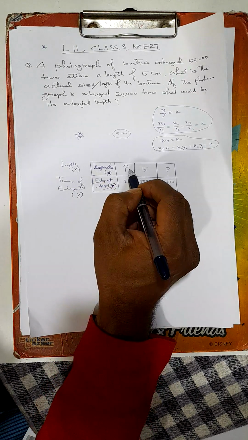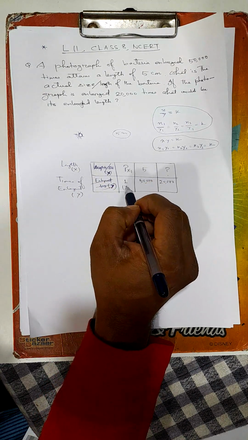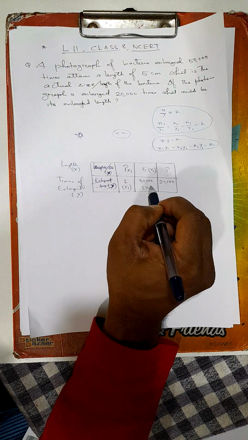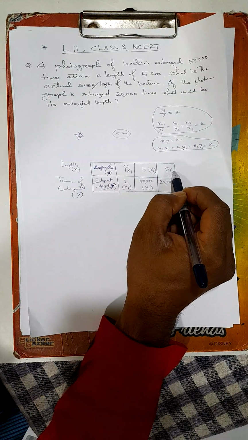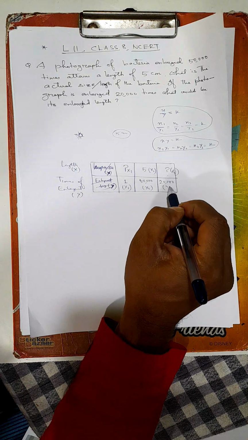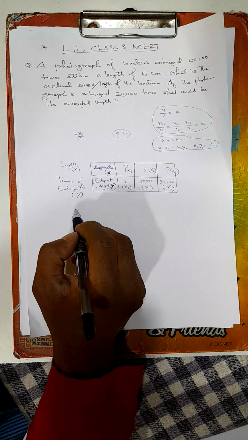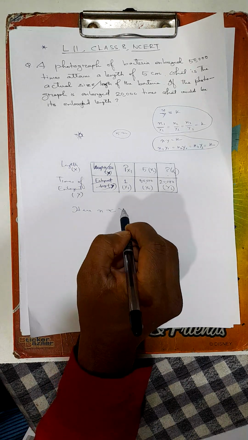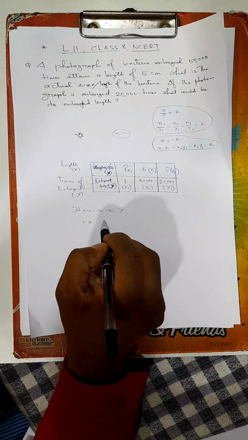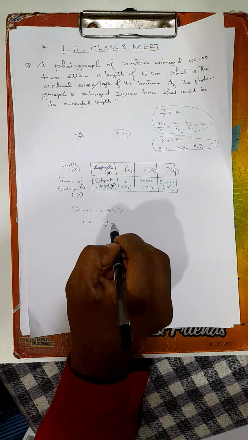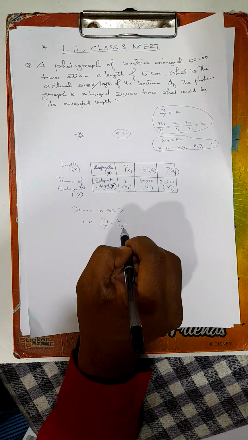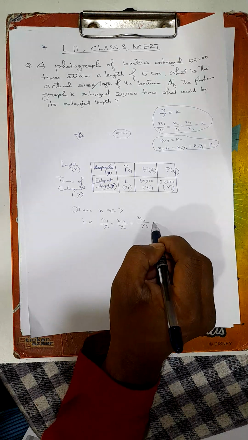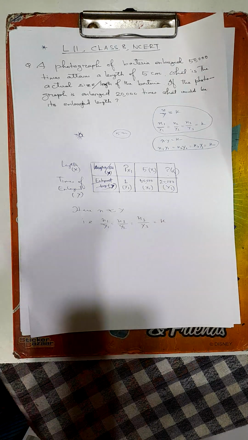Now the different values are x1, y1, x2, y2, x3, y3. Here x is directly proportional to y, so x1 by y1, x2 by y2, x3 by y3 are the same constant k.